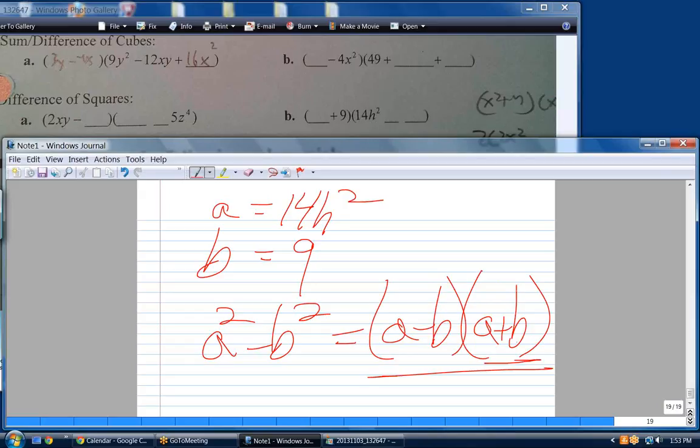So it's this quantity right here. So actually, b is 9. And a is 14h squared. Okay. So what goes here? Yep. 14h squared.